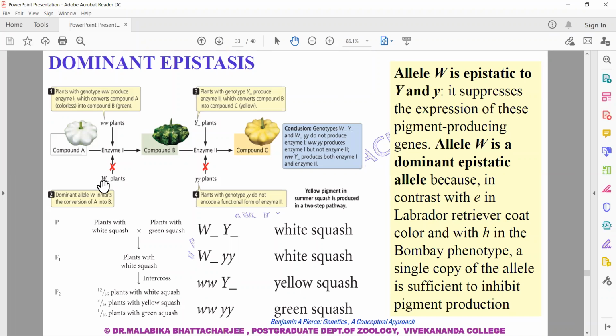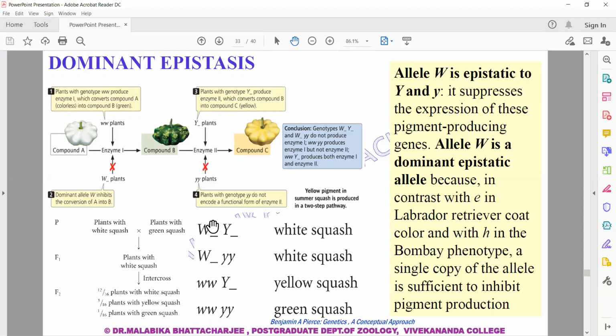So the W allele is actually preventing the synthesis of enzyme 1, as a result of which they prevent the pigment formation. They do not produce this enzyme 1. So if there is a W allele and no enzyme 1 is produced, this pathway stops here itself. It cannot move further. So all the plants having one dose of W allele or two doses of W allele will appear white due to the absence of enzyme 1.